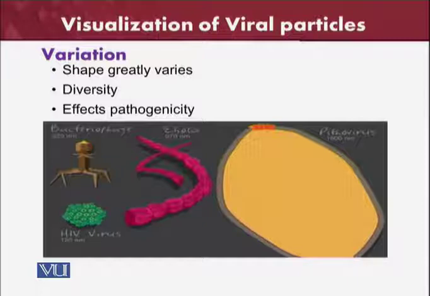For example, size also affects the pathogenicity of viruses. If the size of the virus is bigger, maybe it is more pathogenic as compared to the smaller size. Maybe it is not a basic principle or rule, but we can take the example of coccidiosis: Eimeria tenella is smaller, and Eimeria maxima is bigger.